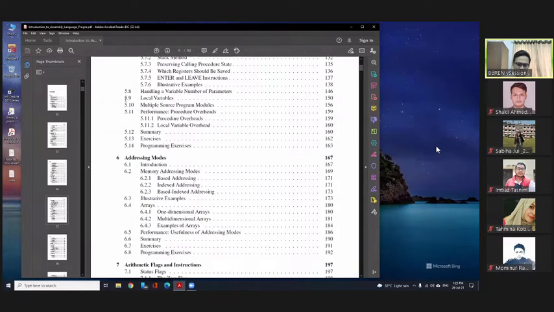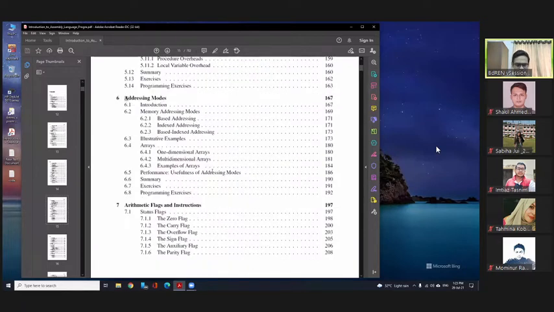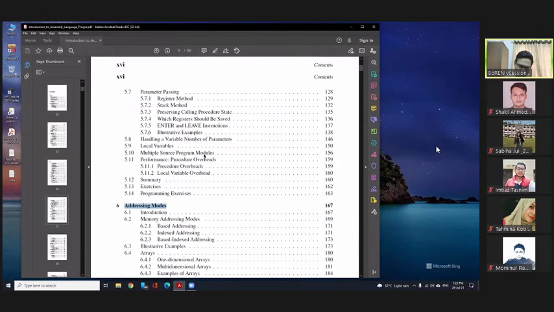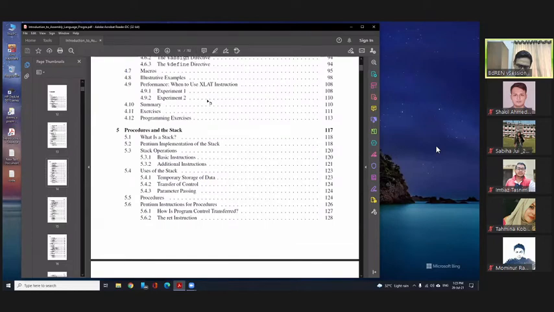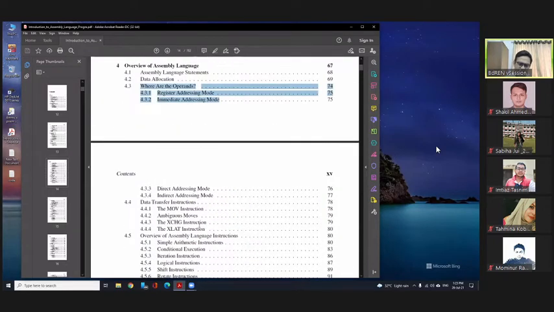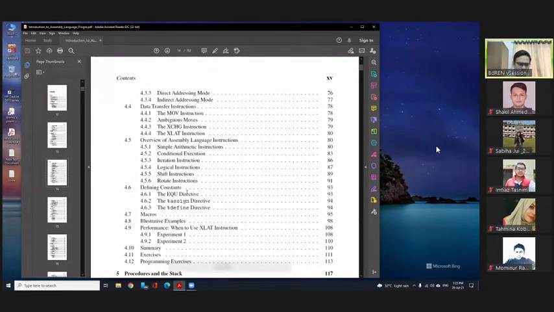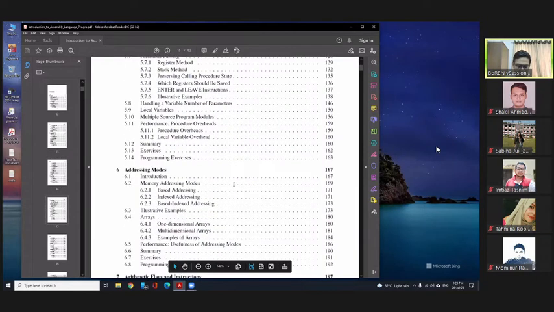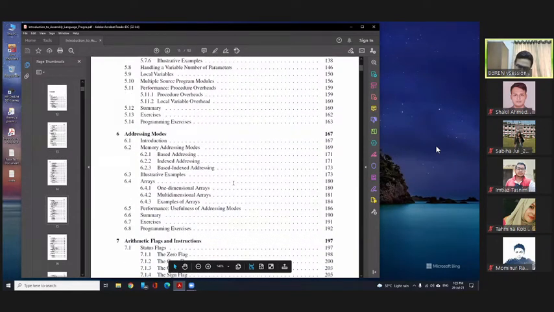And chapter number 6 is also important because it is addressing mode. We have done some of the addressing modes previously here, but there are some other addressing modes as well. We are not going to discuss this because we might not have that much time, and other sections also don't have that much time to complete the addressing mode.